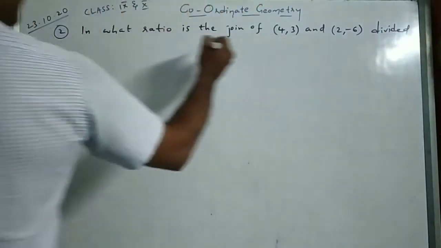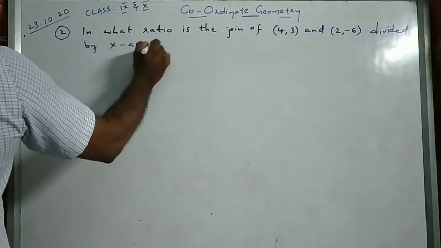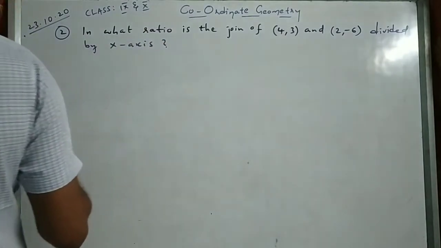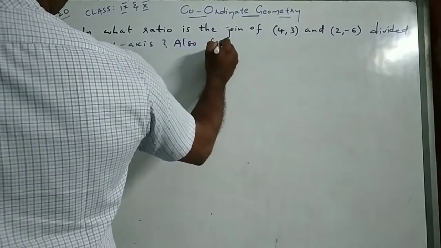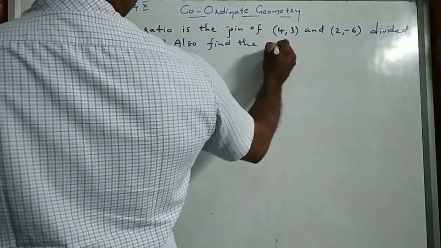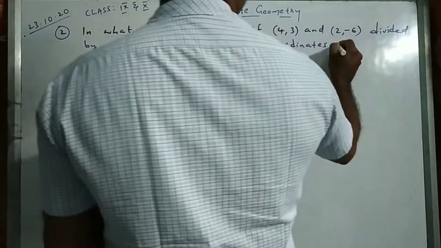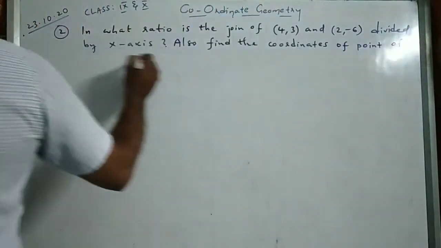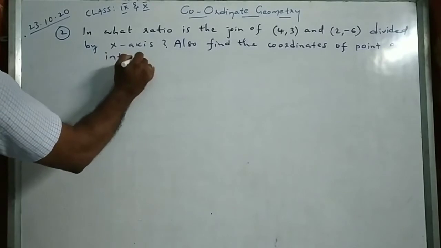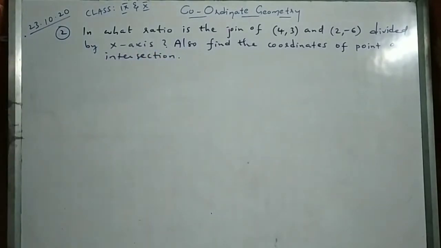Now I said x-axis, divided by the x-axis means the y coordinate should be 0. Also find the coordinates of the point of intersection. The division point also we should find.